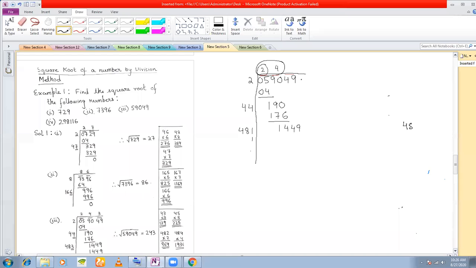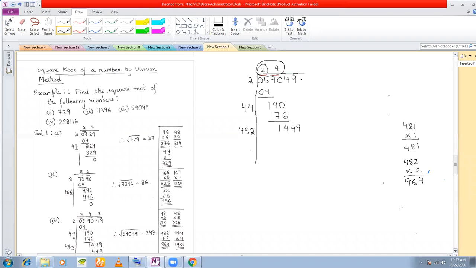So we have got 481. 481 into 1 is 481, which is much less than 1449. So now we'll place our next digit, which is 2. So 482 into 2 is 964. Again, which is much less than 1449.